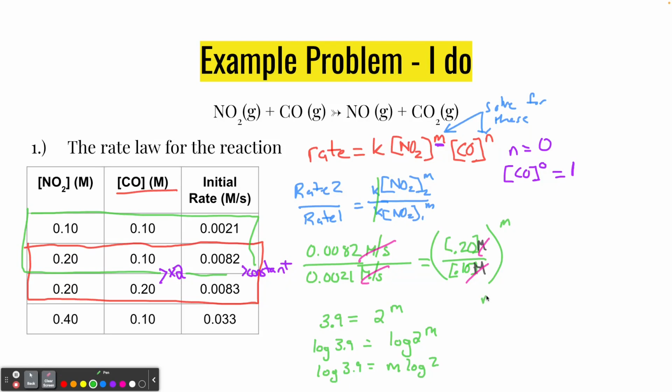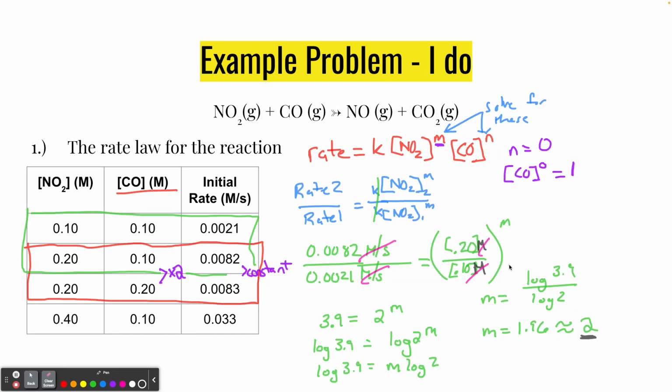So now I can say, okay, well, M is equal to log of 3.9 divided by the log of 2. M is going to equal 1.96, but since that's a decimal, we'll approximate this to M being second order. Okay, so M is second order.